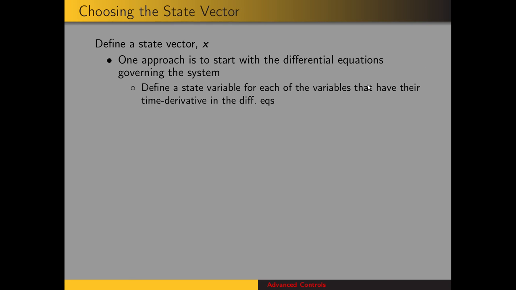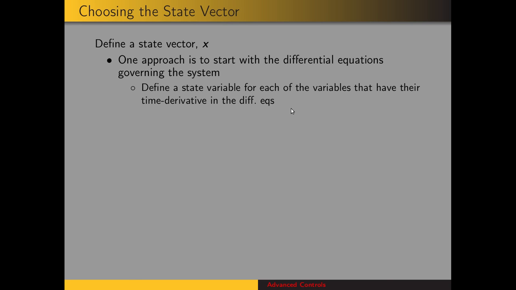So look at those equations and define a state variable for each of the variables that have their time derivative in the differential equations. If you think back to the first example, the first order system, we had x and x dot, and x was the variable that had its time derivative. So x was our state variable.